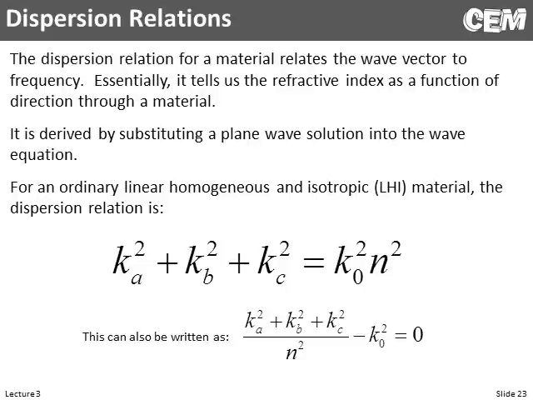For ordinary, easy materials, that's our dispersion relation: the magnitude of k is constant no matter what direction it's pointing in. That's the simplest and most intuitive thing. So a wave in outer space, no matter what direction, sees a refractive index of 1. And in fact, in most materials, it's very close to that.